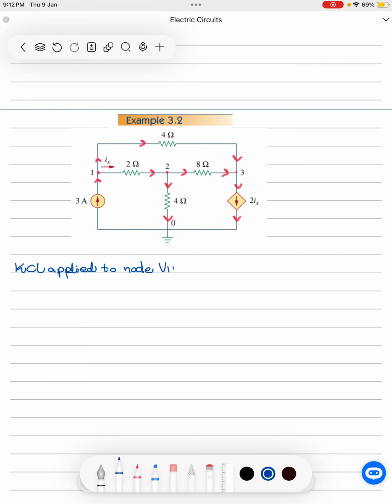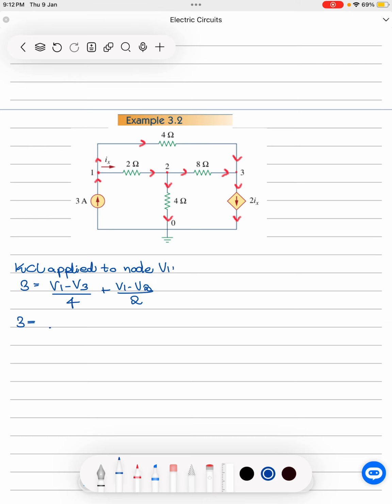The current which is entering is 3 amperes, and the current which is leaving is (V1 minus V3)/4 plus (V1 minus V2)/2.